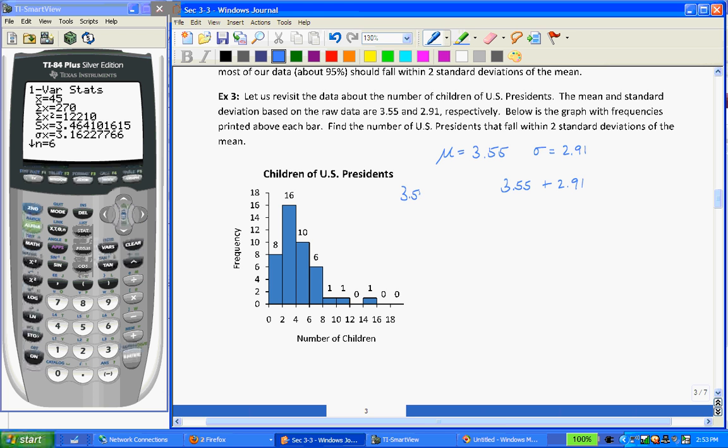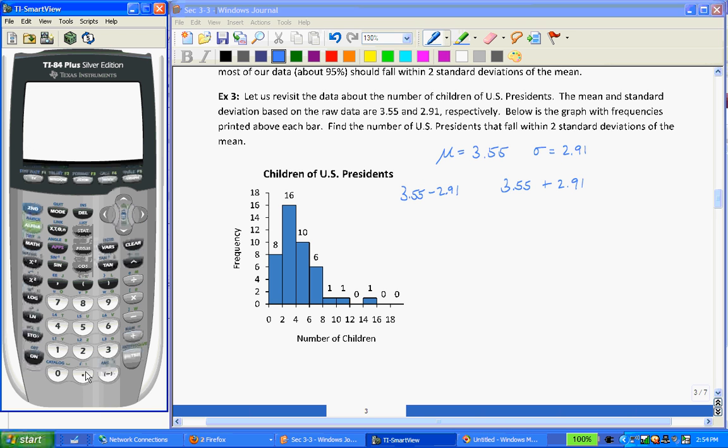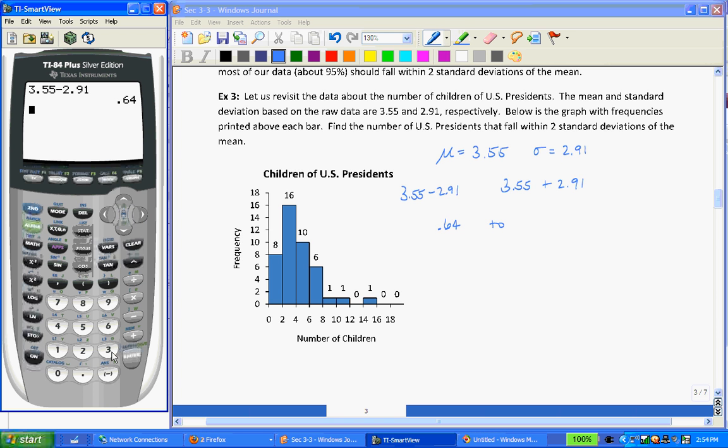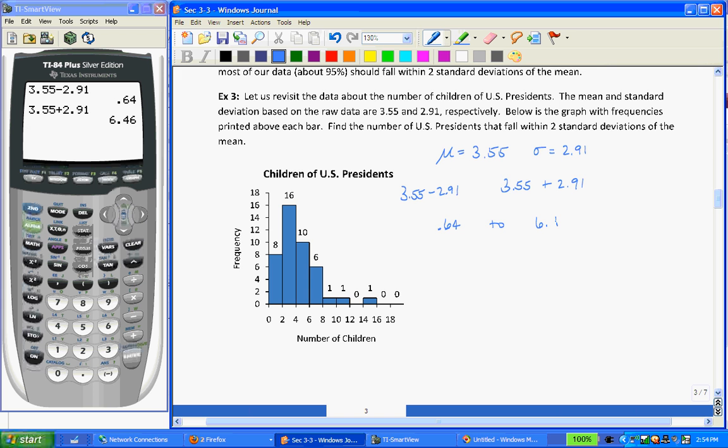So let me set that up over here. Let's see what we get. So 3.55, so that takes us to 0.64 and to 6.46.